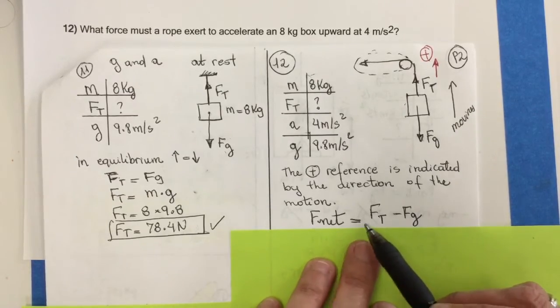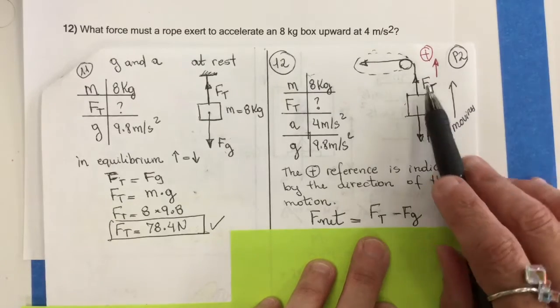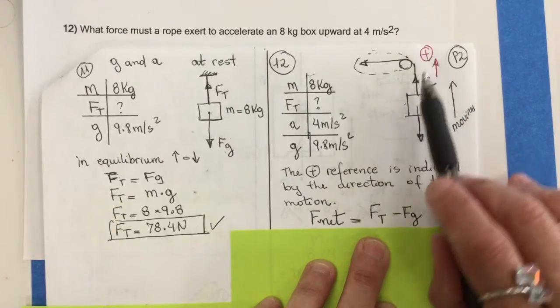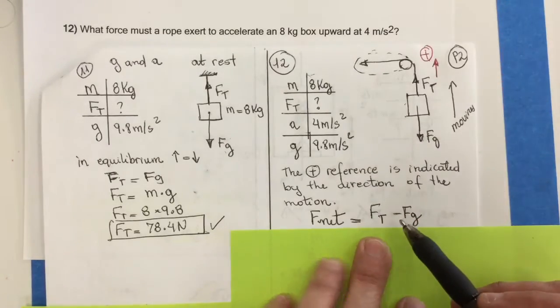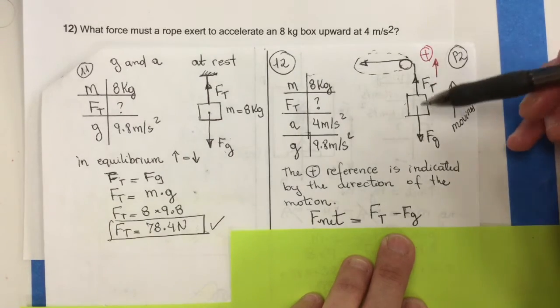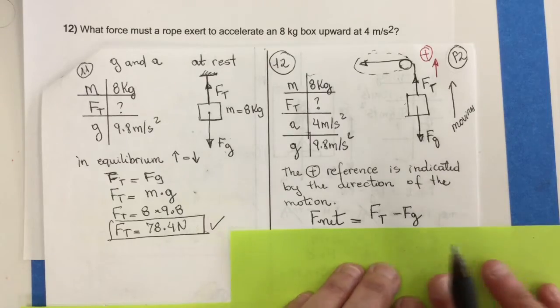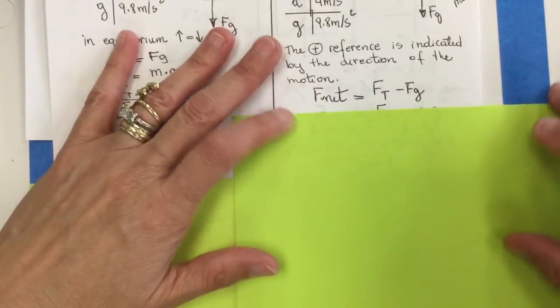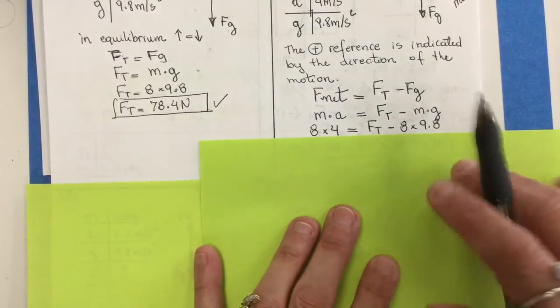So my F net is equal to my force on this rope, the tension force, which is positive because that's what is making this accelerate upward, minus Fg, because Fg is in the opposite direction of the motion. Now what we are going to do is replace everything.